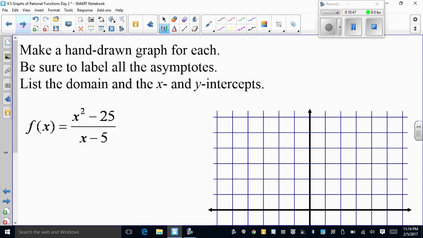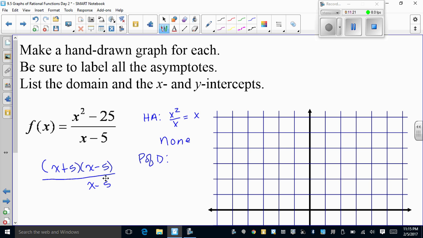And then this one here, horizontal asymptote: x squared over x gives me x. Remember, you don't get a fraction or 0, it is none. Point of discontinuity. This is the difference of squares. It's x plus 5, x minus 5 over x minus 5.